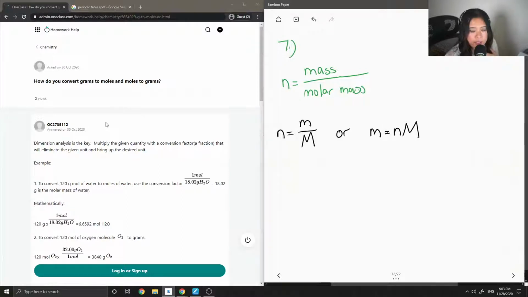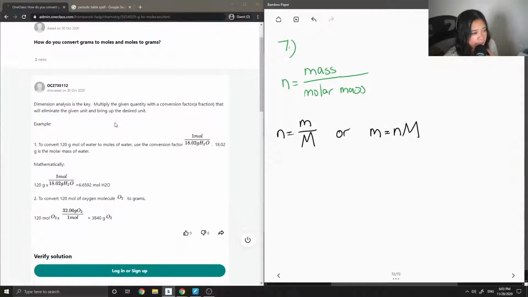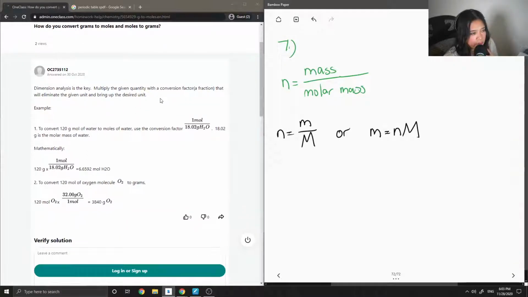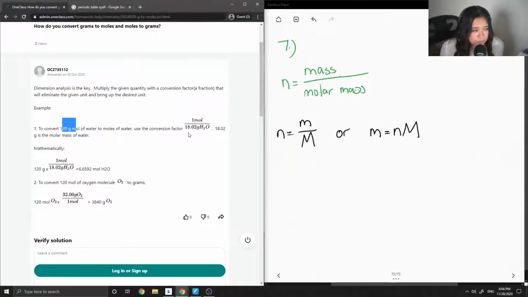Dimensional analysis is key. Multiply the given quantity with a conversion factor that will eliminate the given unit and bring up the desired unit. For example, to convert 120 grams of water to moles of water, use the conversion factor 1 mole over 18.02 grams H2O.